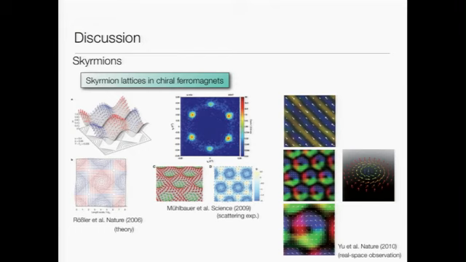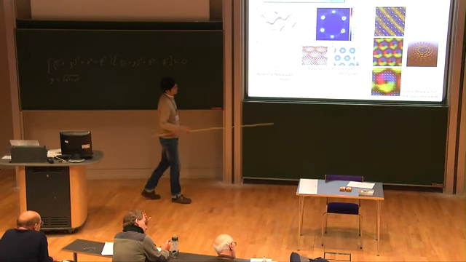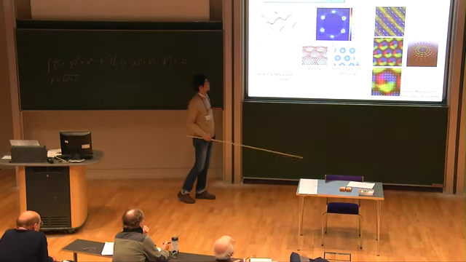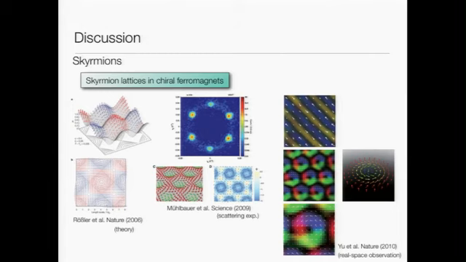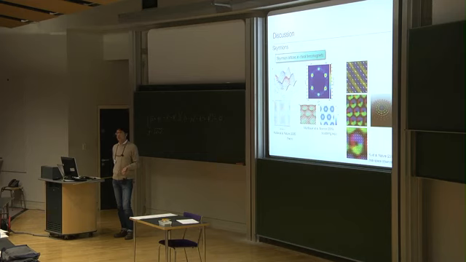In 2006, there was a prediction of a square lattice of skyrmion excitations in a chiral ferromagnet, and in 2009 and 2010, hexagonal lattices of skyrmion excitations were found experimentally in a thin film of chiral ferromagnets. The hexagonal lattice in these chiral ferromagnets and the hexagonal lattice in our liquid crystalline system have similarities in that they are both hexagonal.